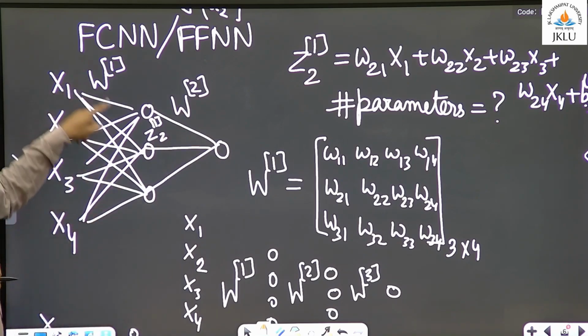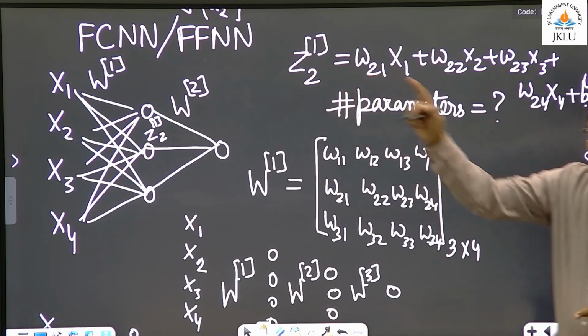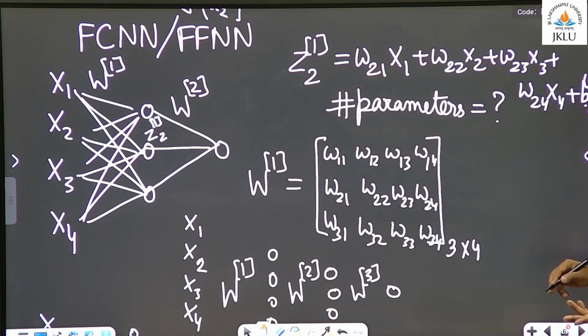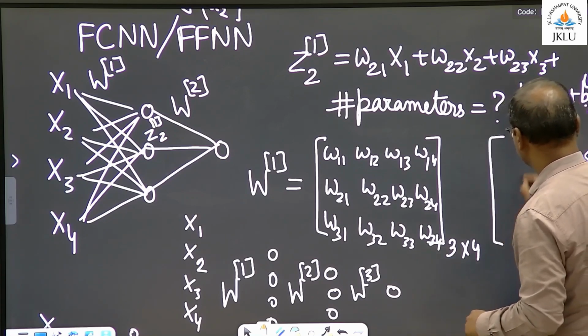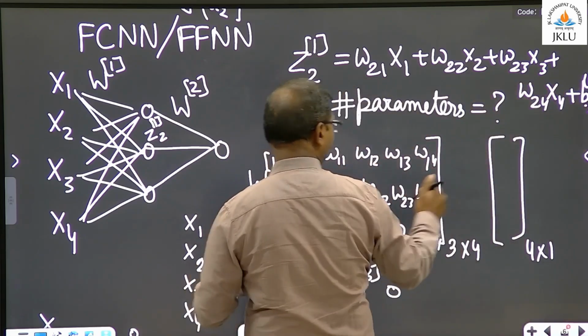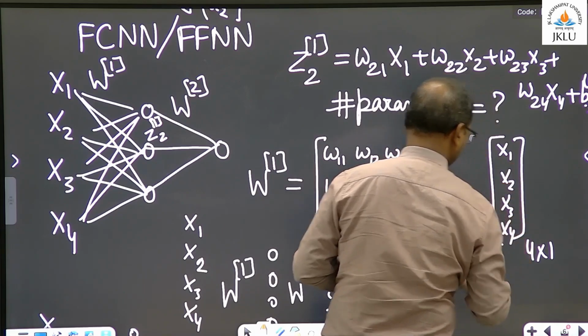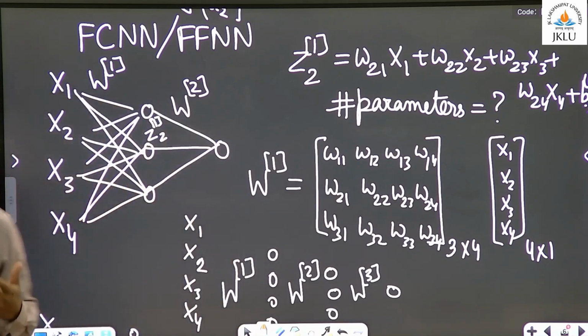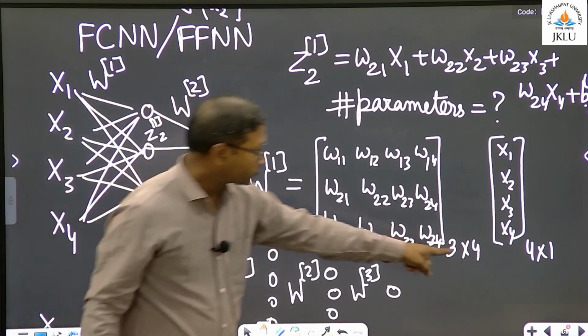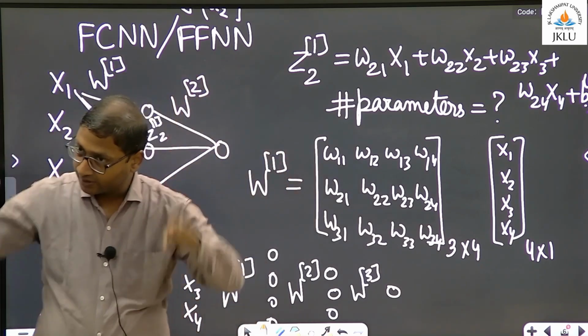So this is this matrix 3 cross 4. What are the dimensions of my x vector? 4 cross 1. This matrix multiplication will give me an output of size 3 cross 1, right? 3 cross 4 cross 4 cross 1, that is going to give me a vector of 3 cross 1.